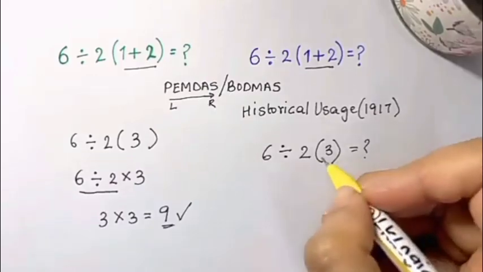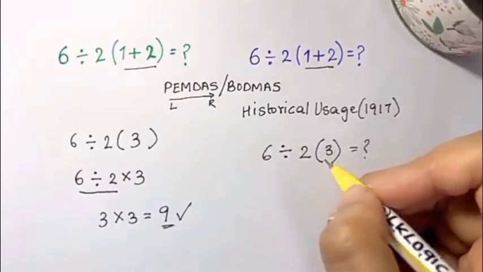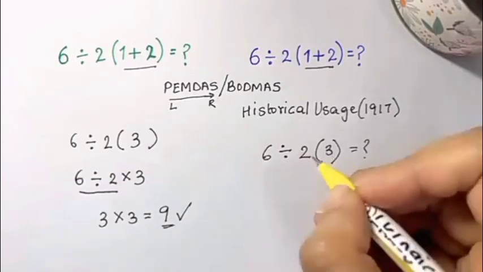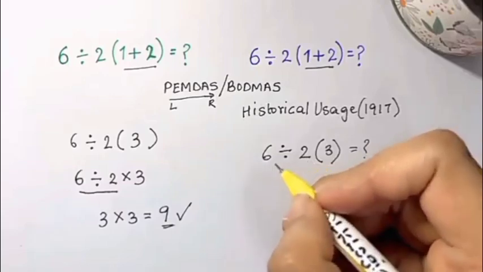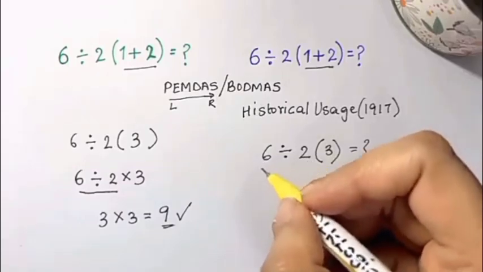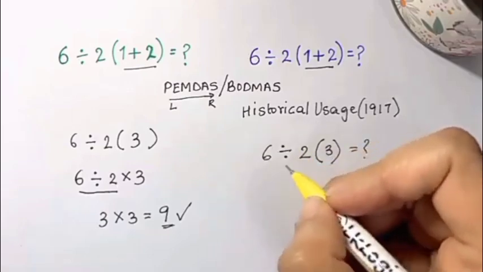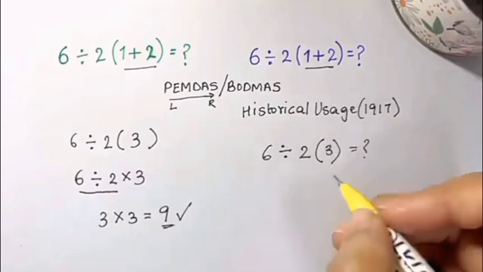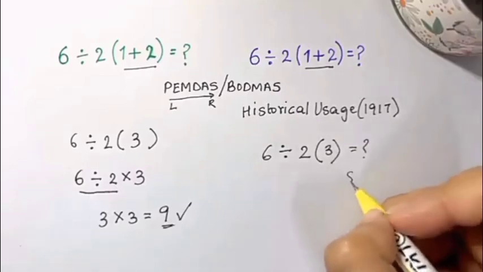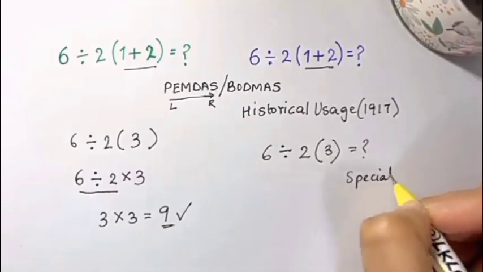Well, there were textbooks, a lot of usage that if you had something on the left divided by something on the right, this was understood to mean that you want to divide the entire product on the left with the entire product on the right. That's a special rule. What's that special rule?